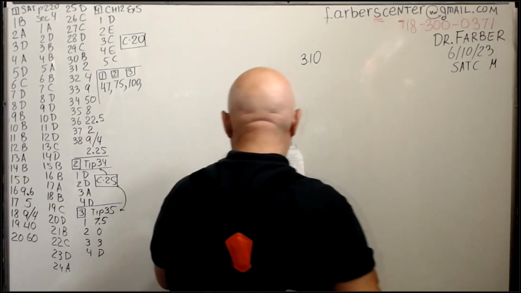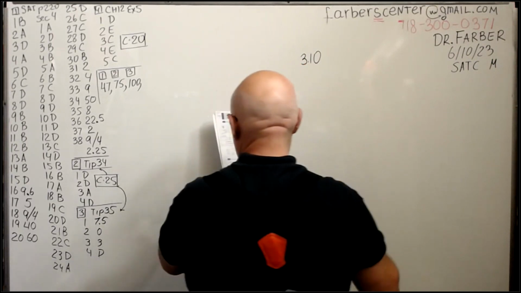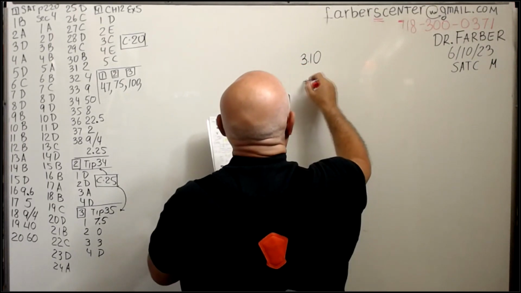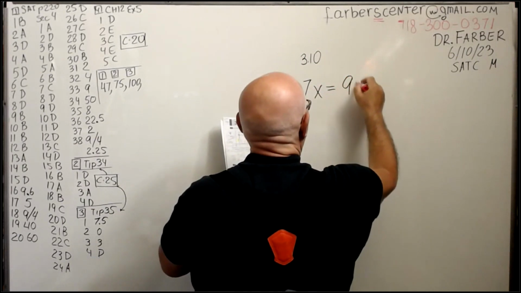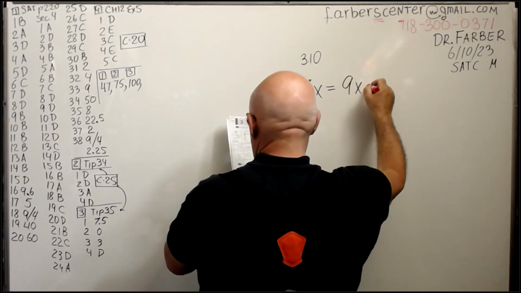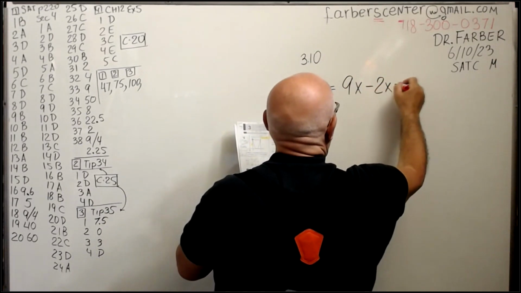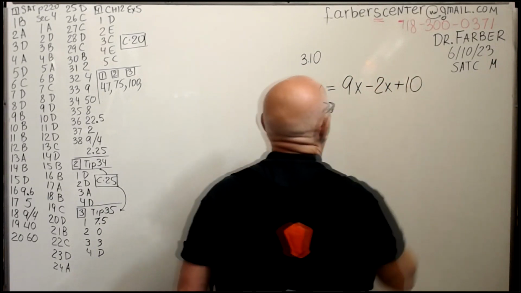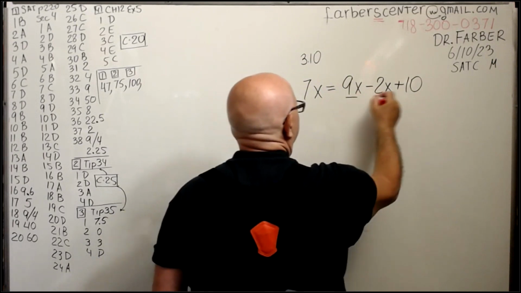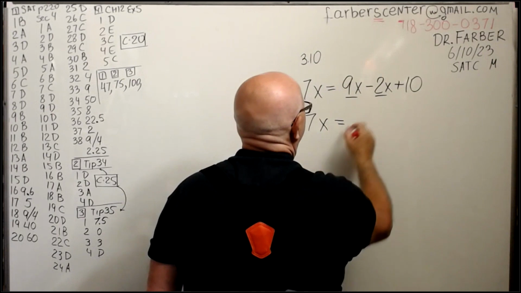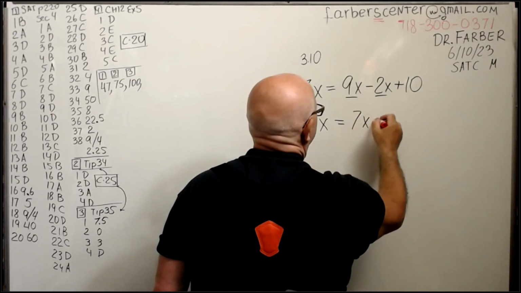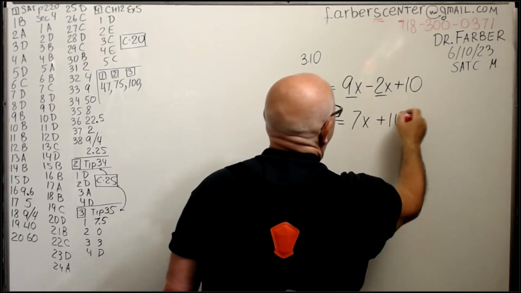Let me take one of them, not to waste time. 7x equals 9x minus 2x plus 10. Combine like terms. What do you get? 7x equals 7x plus 10.